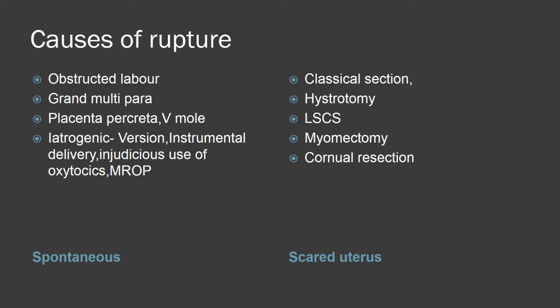Coming to the causes in the scarred uterus, classical section carries the highest risk due to the position of the scar on the upper segment of the uterus. About 7 to 8% chance of rupture, and rupture can occur during pregnancy or definitely during labor.